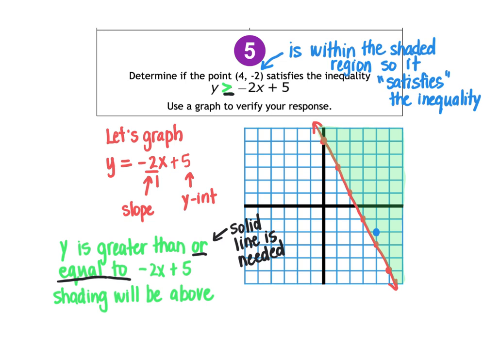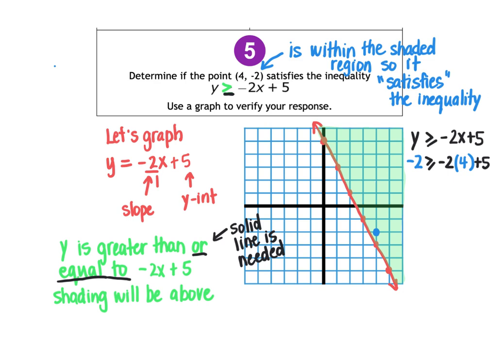We also could have verified if this point satisfies the inequality by substituting the x and y values into the inequality to see if it holds true. We would sub the -2 of the point into y, and we would sub the 4, or the x value, into the x in their equation.